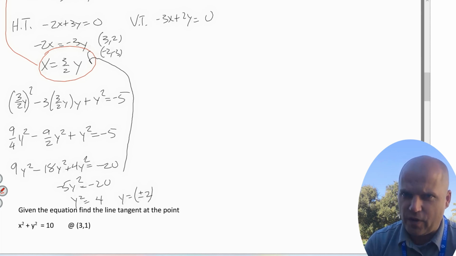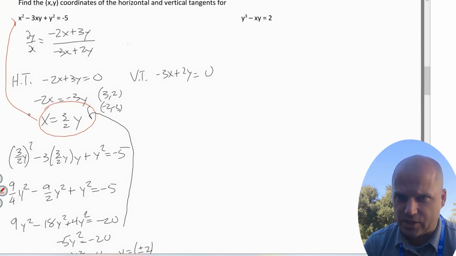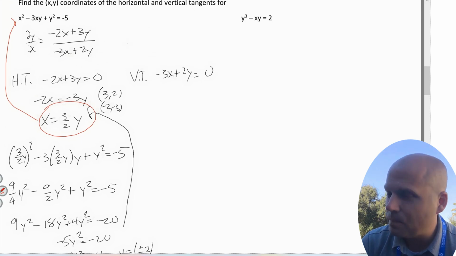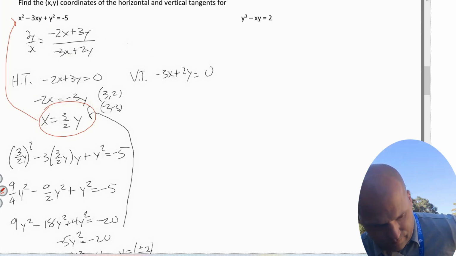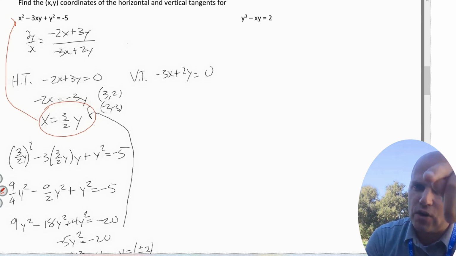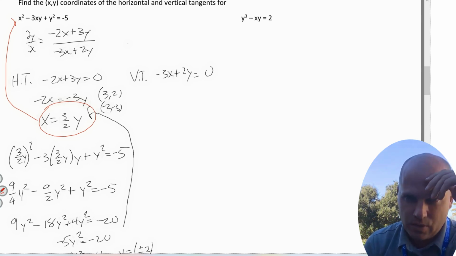You can easily find those because you've already taken this and substituted it into the original. You don't have to go back into the original equation. If you do, you might get a point that ends up not satisfying x equals 3/2 y. Since you've already substituted it, you could just substitute this into x equals 3/2 y.